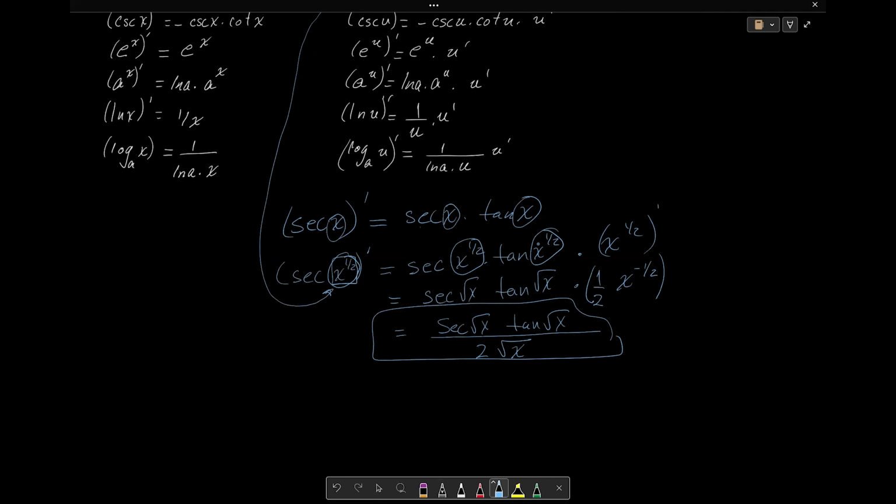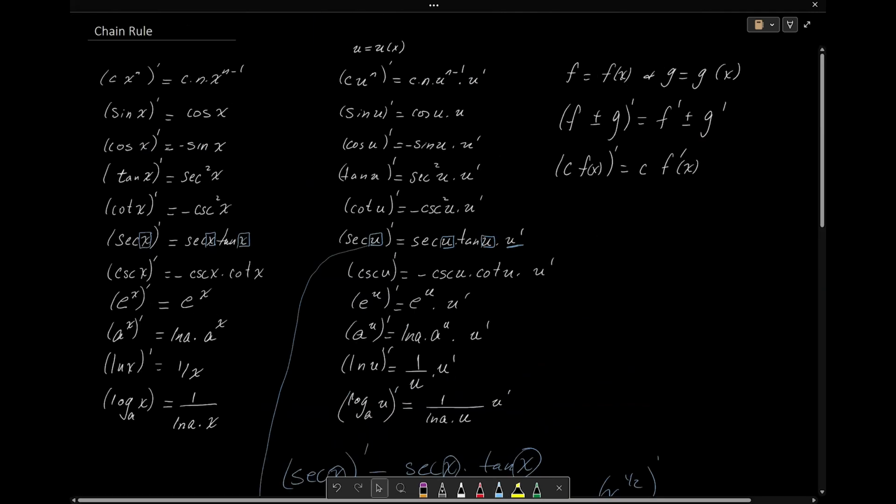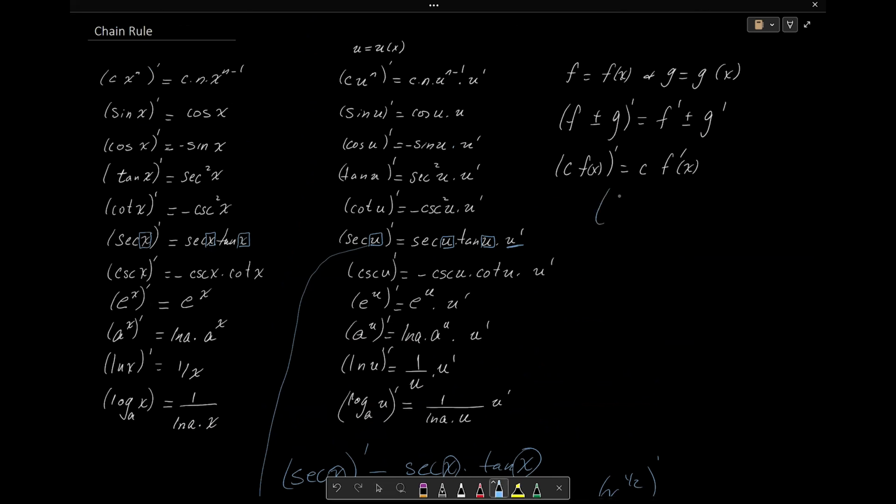The only difference is we multiply by the derivative of the function of x, or the argument of the secant. All right? Let's work out some problems. These rules, by the way, still apply. And of course, the derivative of a constant is 0. And let me add here, the derivative of mx plus b is just m, the slope.